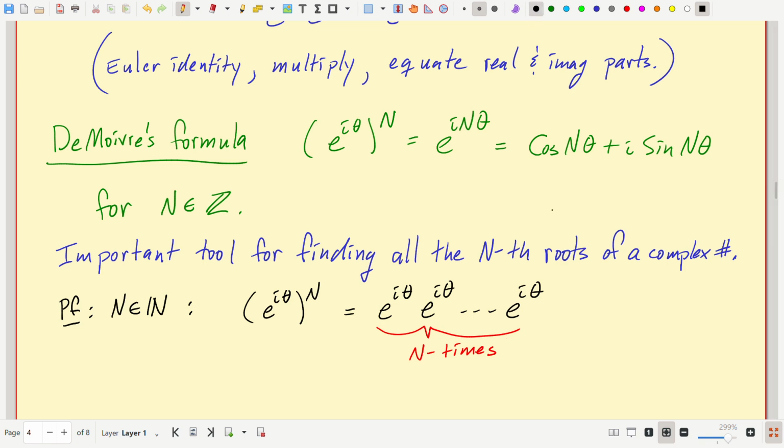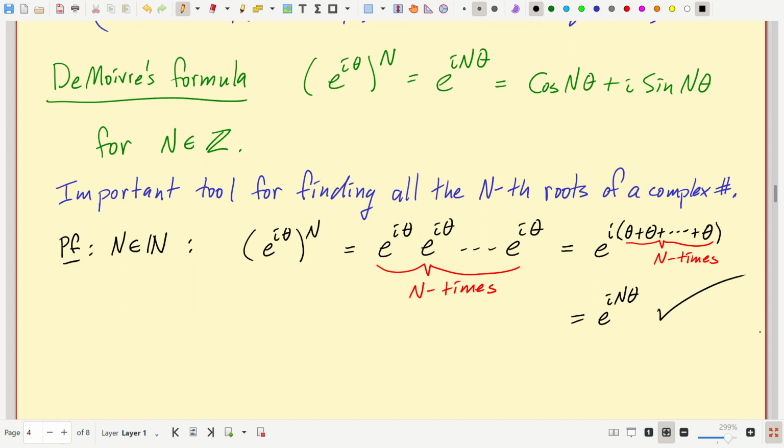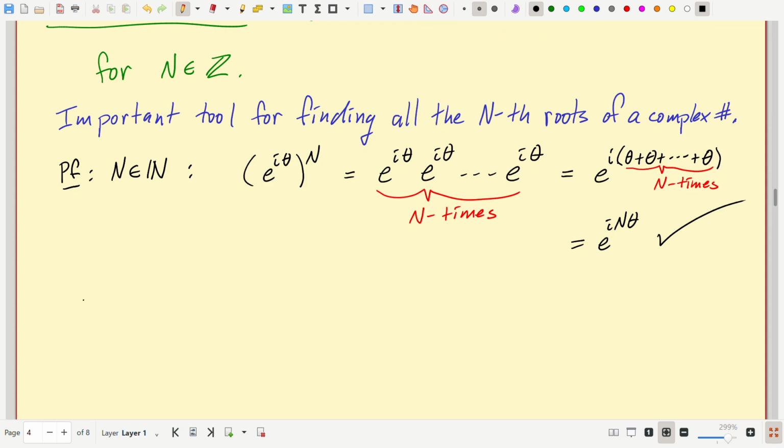So that would be e to the i (theta plus theta plus theta). I do it in stages. There's n of those. And that's e to the i n theta. Check. And now that I know it for positive n, I use that for negative n.